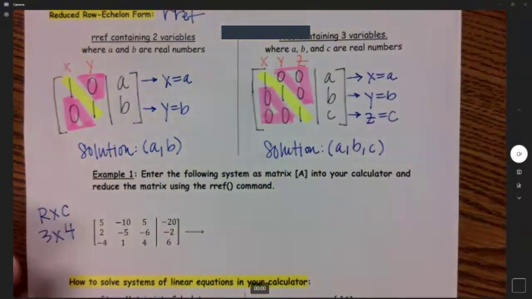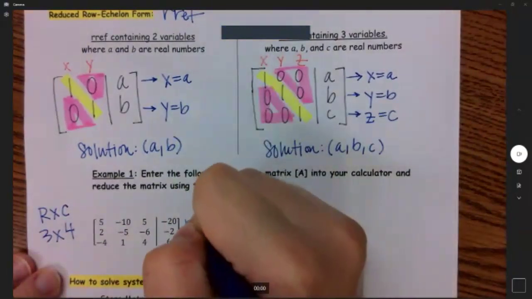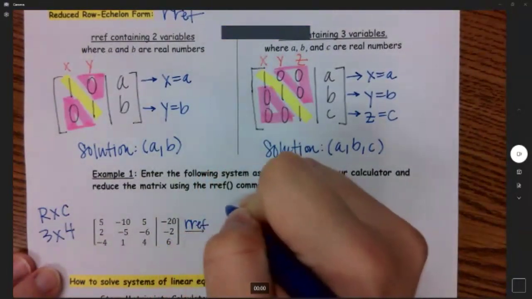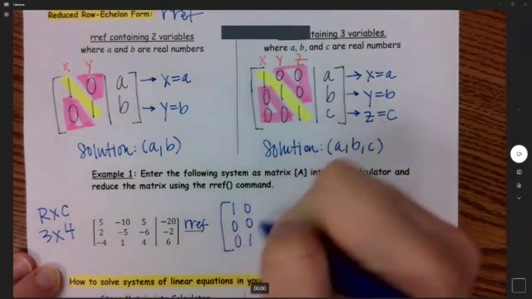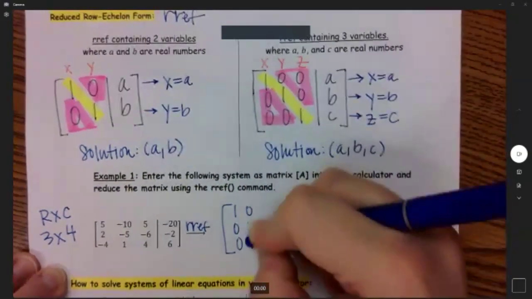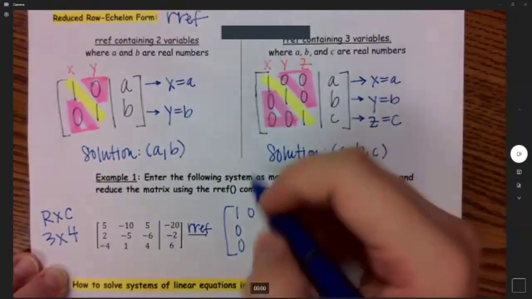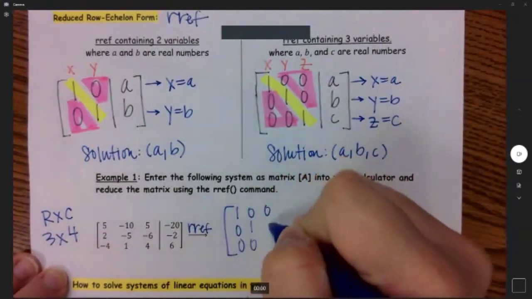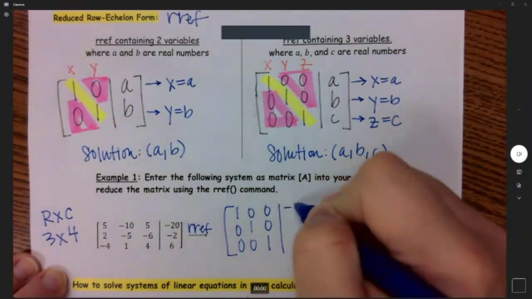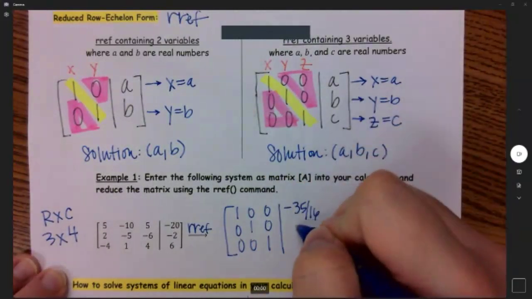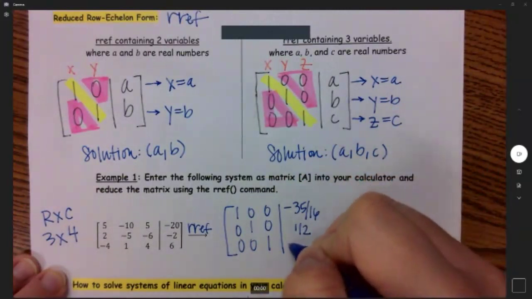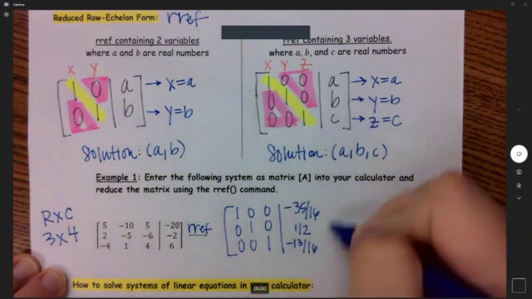So we have this matrix, we used our rref, and now my matrix is this right here. We have -35 over 16, 1/2, and -13 over 16.